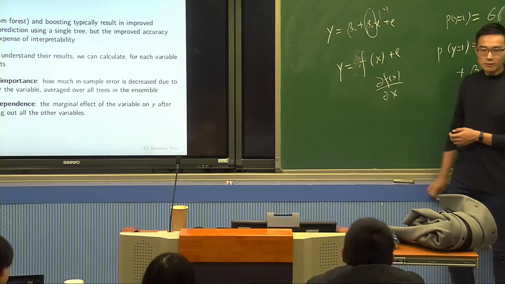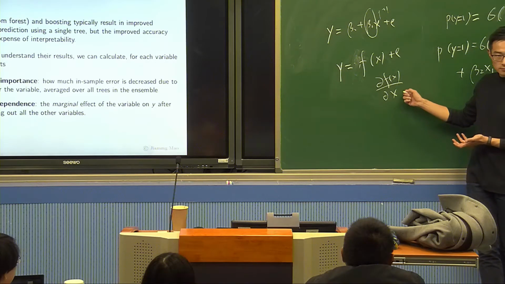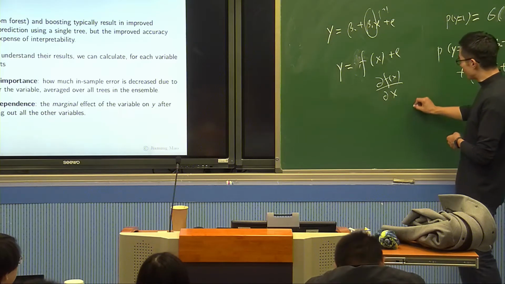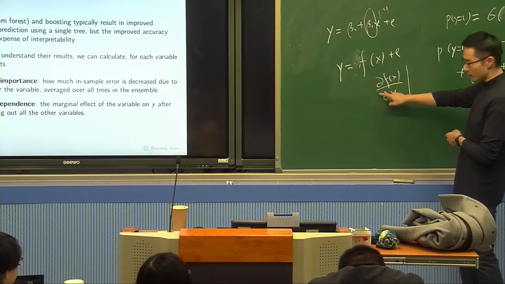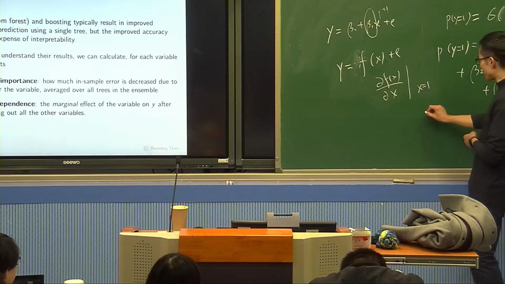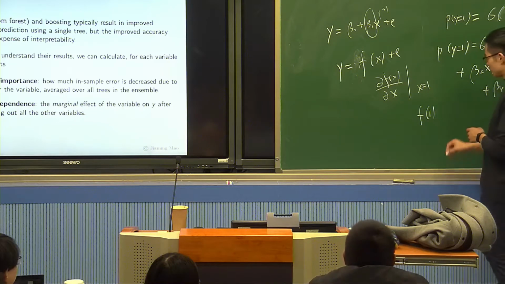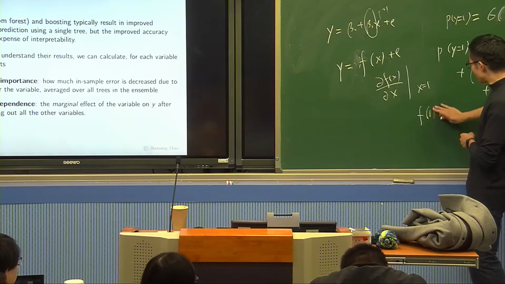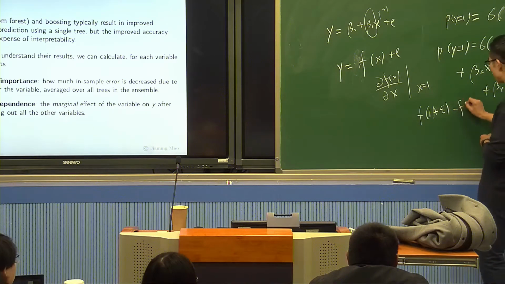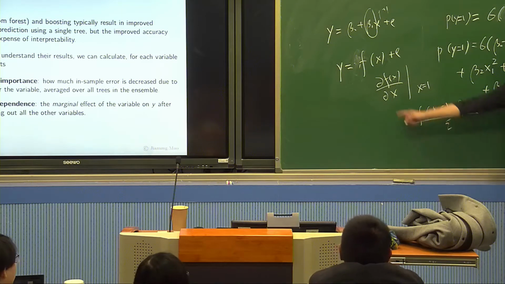Okay? So in the linear model, what is this derivative? It's beta 1, right? But for a nonlinear model, can you calculate this? Of course you can calculate it. It's very easy. Given any x value, suppose I want to evaluate this at x equal to 1. How do I do it? Well, at x equal to 1, I compute f(1), and then I put in epsilon, compute f(1 + epsilon) minus f(1), divided by epsilon, and that is the derivative, right?